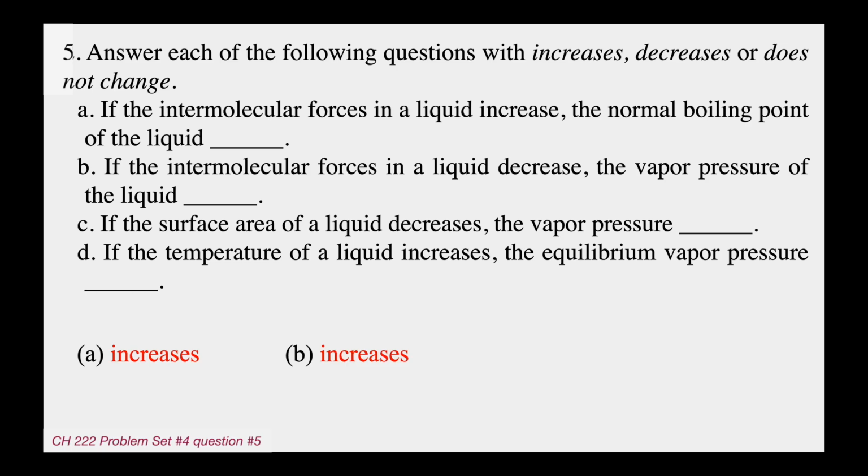The vapor pressure, if the surface area decreases, stays the same. What this means is that you can have a little tiny beaker of water, or you can have Lake Michigan amount of water. As long as the temperature is the same and they're relatively the same liquid, it shouldn't make any difference. The vapor pressure should be the same above both of them, your little water and also Lake Michigan.